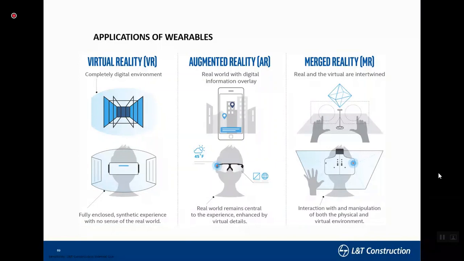Virtual reality is, you know, you wear a headgear and you see 1:1. You actually get yourself immersed in the digital environment. In augmented reality, you see the real world with digital information overlay. And in merged reality, you merge the real and virtual worlds together.